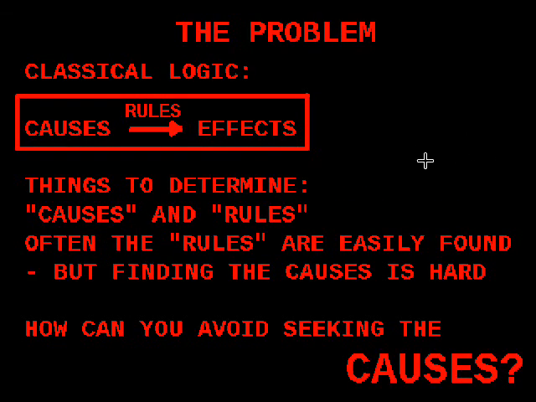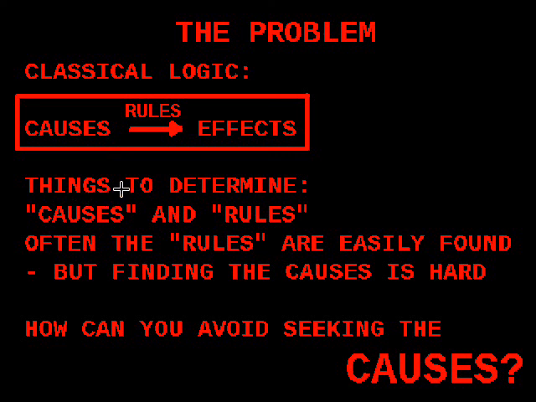The problem of classical logic is it generally works by deducing from causes some certain effects by use of some rules. Obviously, in order to make such a deduction of effects, you will need to determine the causes and the rules.